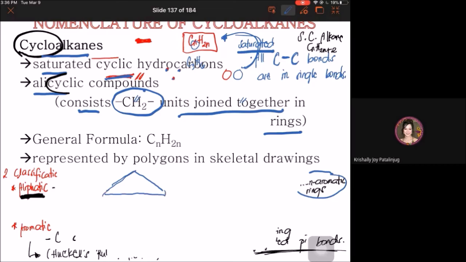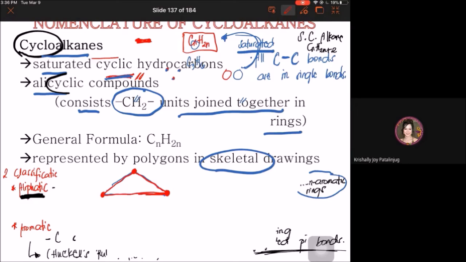This is the skeletal drawing. Again, skeletal na sila ha. Ano sabi ko kapag skeletal drawing? Per corner is what atom? Carbon, ma'am. Okay, very good. Carbon. So this is a carbon, tatlong carbon.